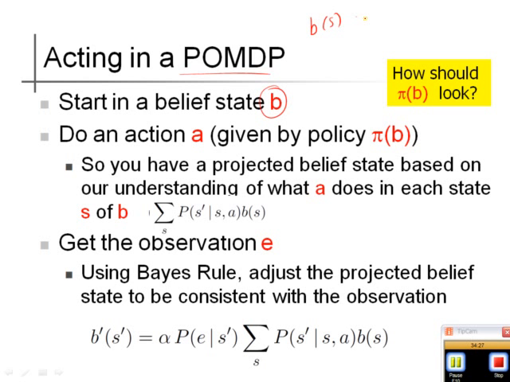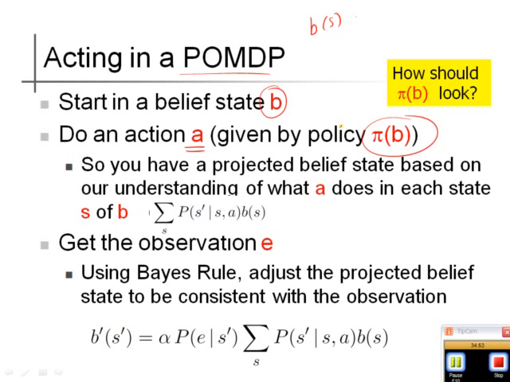It currently is in a particular belief state which is giving specific probabilities to all the states. And then the agent decides to do an action A, presumably because its policy said that whenever you are in belief state B, you must do action A. That's your optimal thing to do.